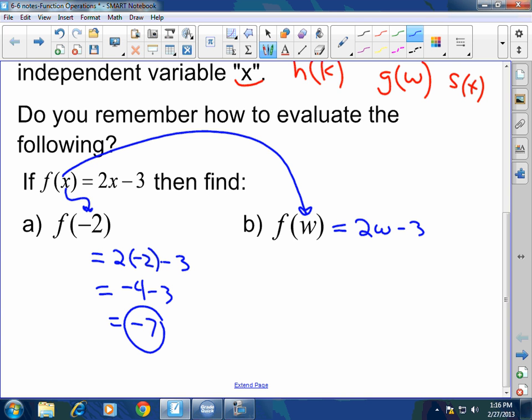Yes, f of negative 2 does equal negative 7, because when function f has the independent variable replaced with negative 2, the value of that function f is negative 7. Does that make sense, son? It's a very good question. Thank you. Does this make sense so far, guys? Then this lesson is going to be ridiculously easy.